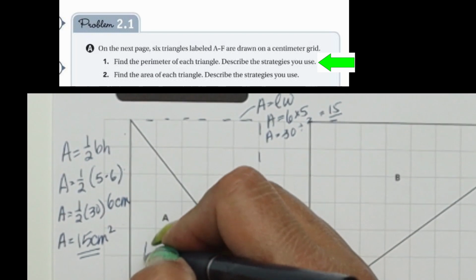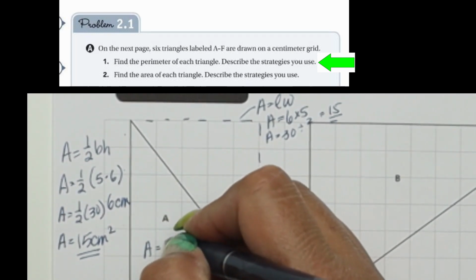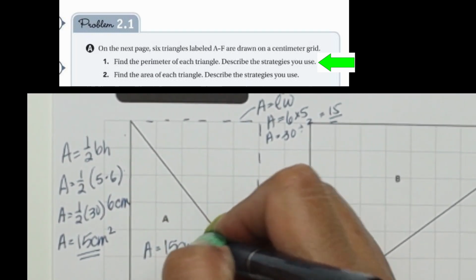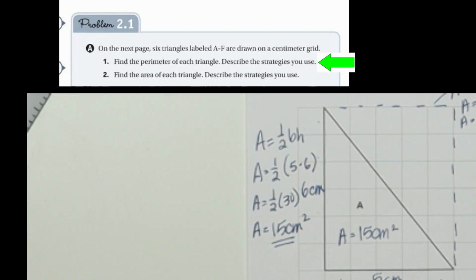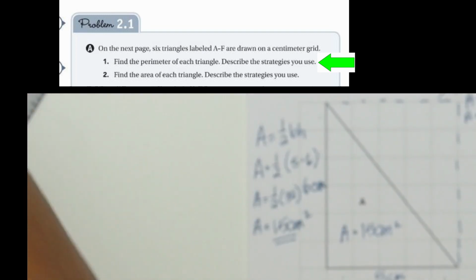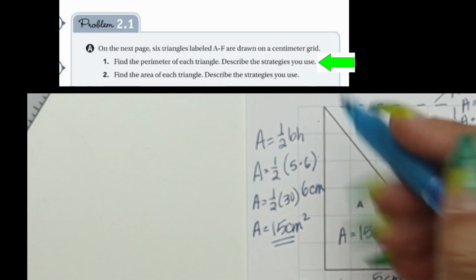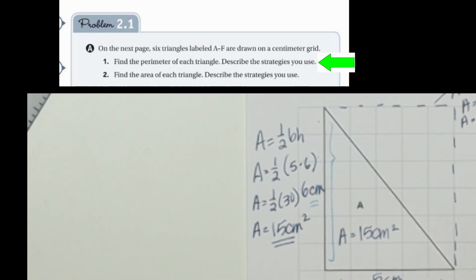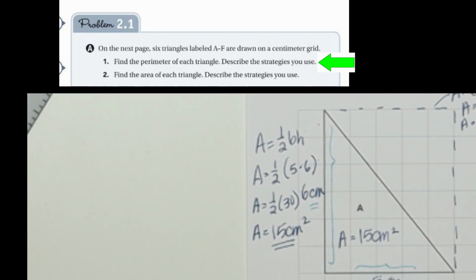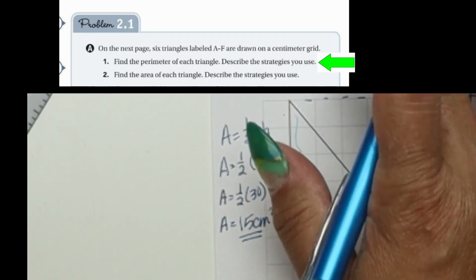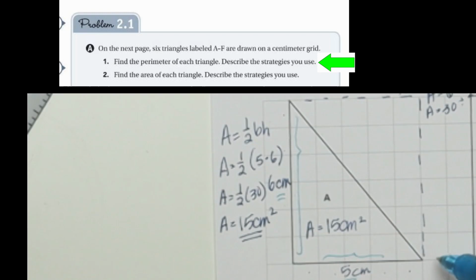The area equals 15 centimeters squared. We need to find the perimeter of this triangle. We already know that this is 6 centimeters, and we already know that this is 5 centimeters. The perimeter is really the measurement around the triangle.